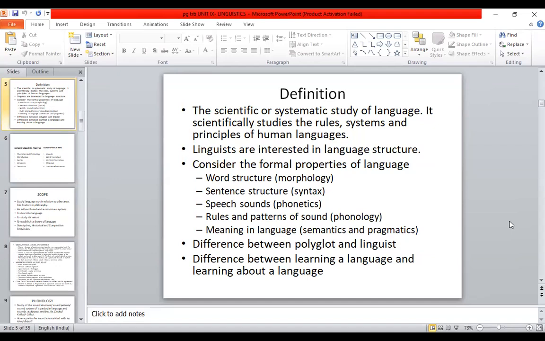It scientifically studies. What does linguistics study? It studies the rules, systems, and principles of human languages. So that is called linguistics.